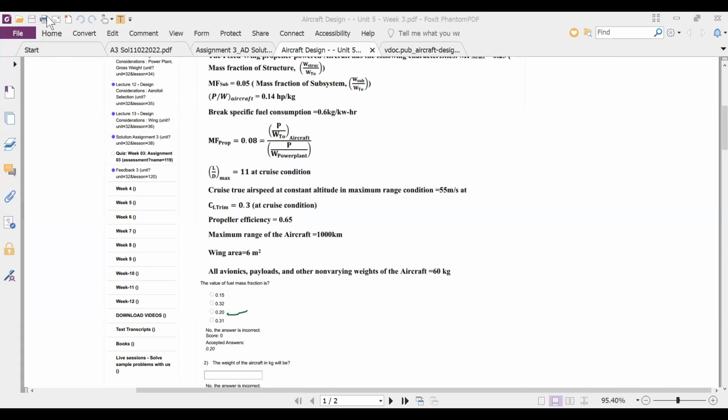Yes, I will type the answer for you. 0.2. For the second question, can we type the answer in the chat box? If I type the answer, okay, I'll type, but make sure that you let me see what the answer is.